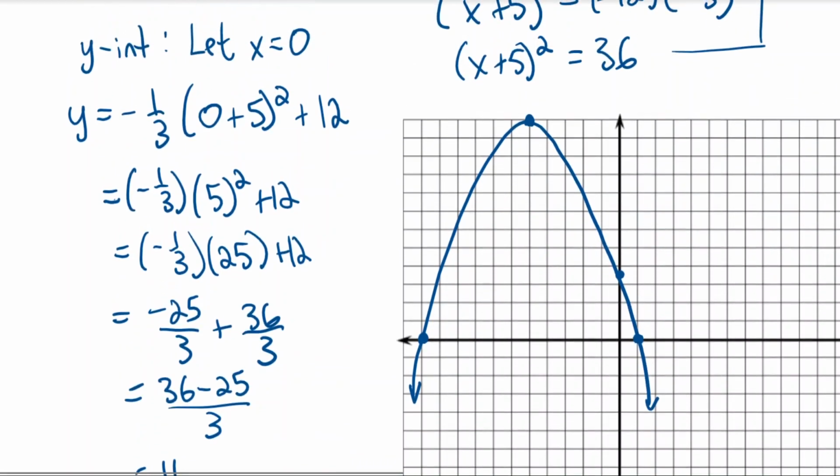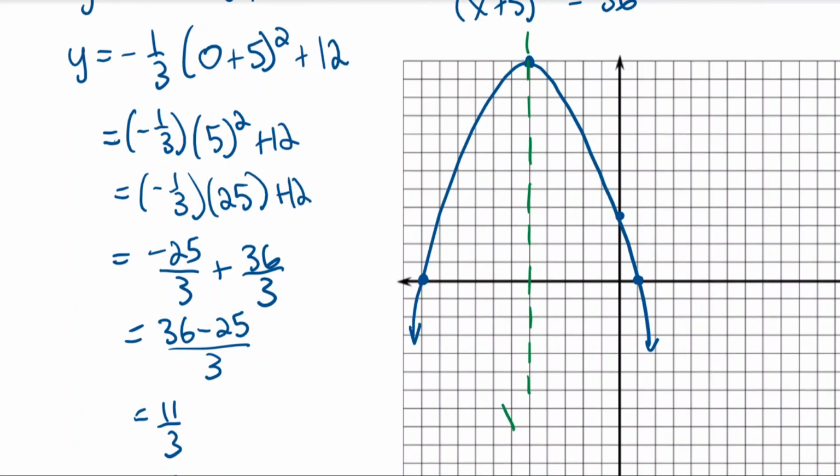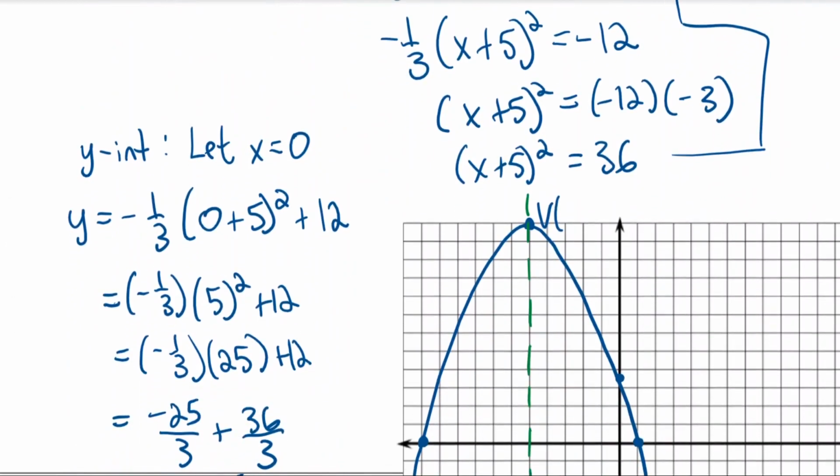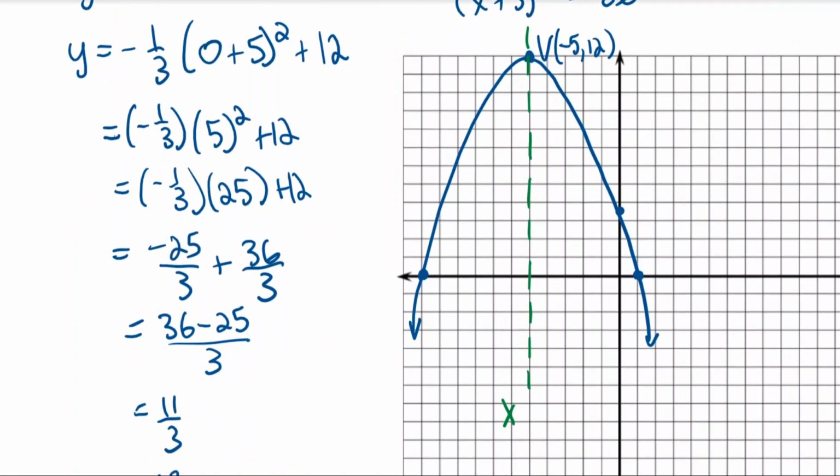Yeah, not too bad. You should see here with our axis of symmetry, you should see both sides looking very nicely symmetrical. So this axis of symmetry passes through the x value of our vertex, which is, what was it, -5, 12. You can see here that our axis of symmetry is just that x value.